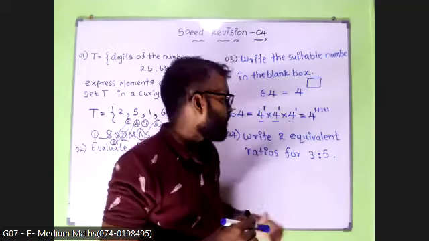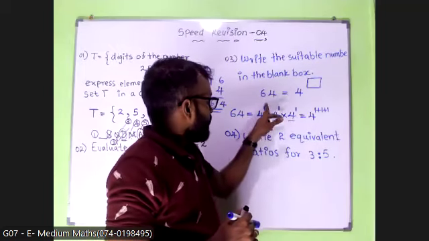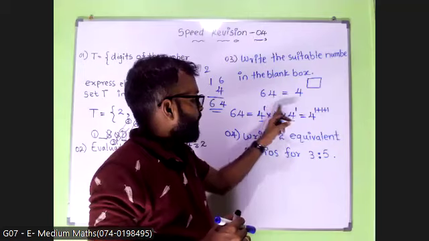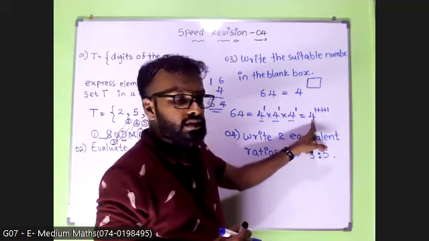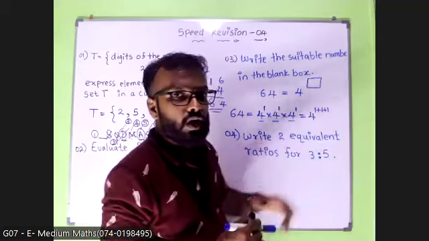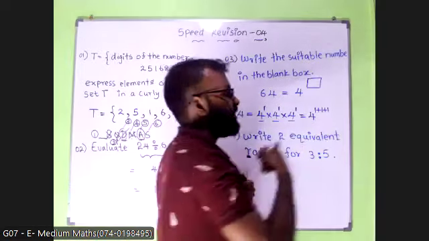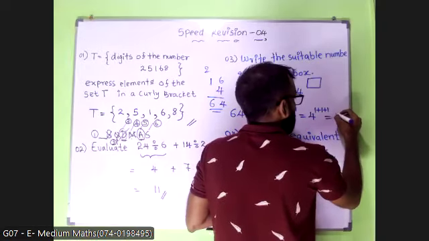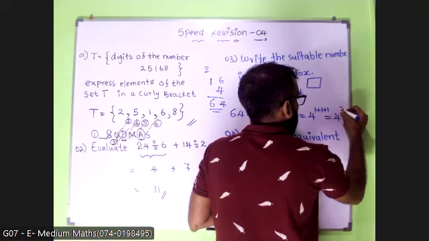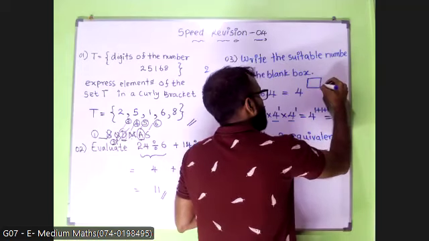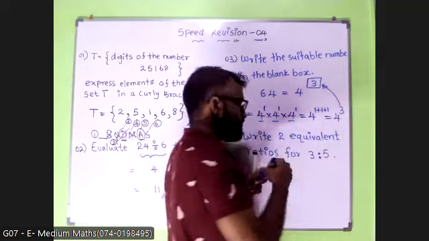You need to refresh your knowledge: if the base is the same, you can add the powers. Base is 4, 1 plus 1 plus 1, 4 to the power 3. So the blank should be 3.